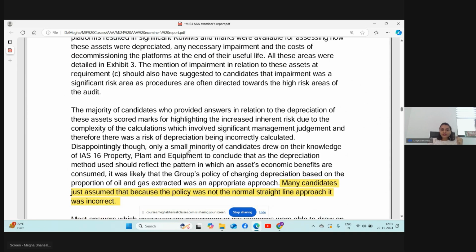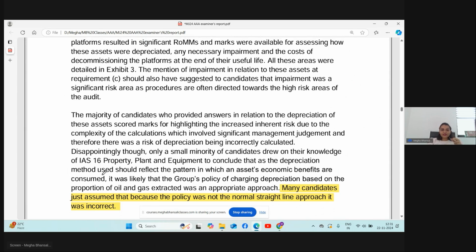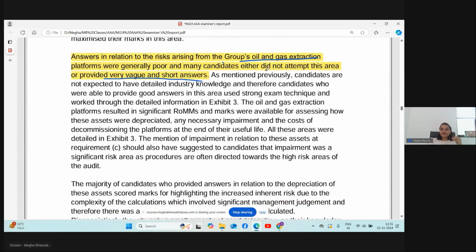Disappointing though, only a small minority of candidates drew on their knowledge of IAS 16 Property, Plant and Equipment to conclude that the depreciation method should reflect the pattern in which an asset's economic benefits are consumed. So here, basically, in the question, they are saying that this oil and gas extraction, they are not depreciating it over life because it's very difficult to say for how many years I will be able to do the extraction.